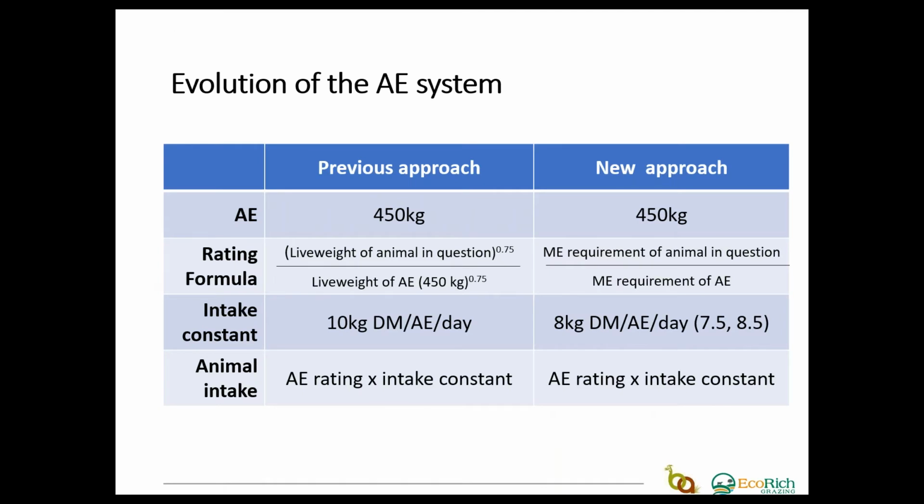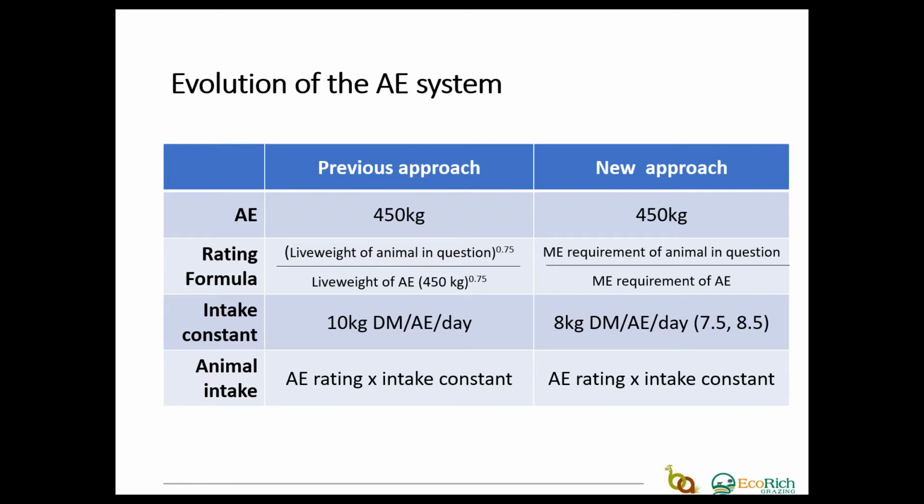So going back to comparing the two approaches that we've had in the past, the previous approach to the adult equivalent system was we had a standard animal. The standard animal, the adult equivalent, was a 450 kilogram steer or dry cow at maintenance.